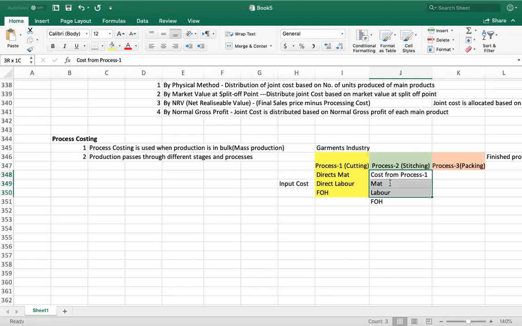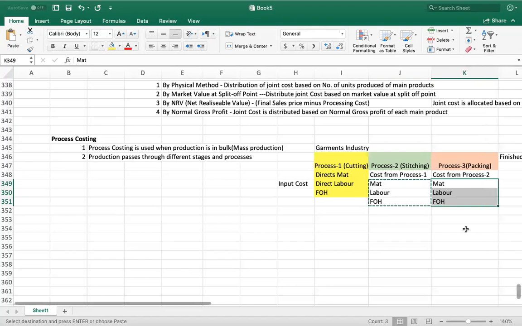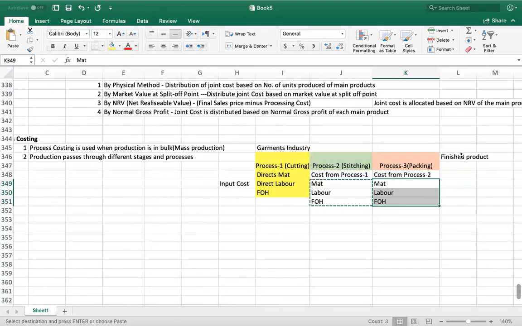Our total input cost is cost from process one plus their own material plus labor plus factory overhead. Once this process is completed, they will send all these things to the third process. So here we will say cost from process two. Then we also add some material, labor, and factory overhead in this process. Once this third process is completed, the total output becomes the finished product.